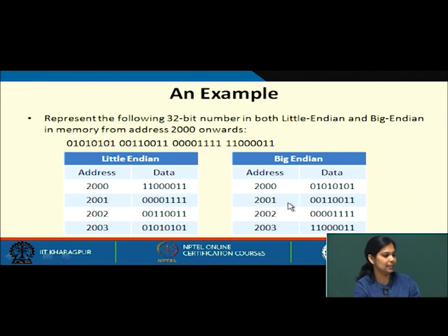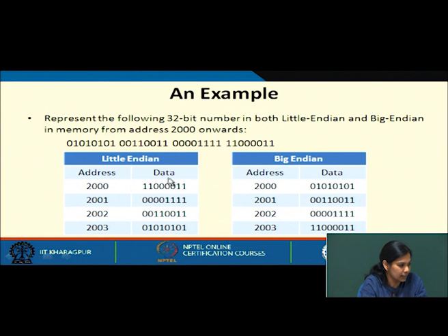Now, let us see this representation with this example. So, a 32-bit number both in little endian and big endian. So, this is the number and lower byte is stored in lower address, then the next byte, then the next byte and then the next byte.